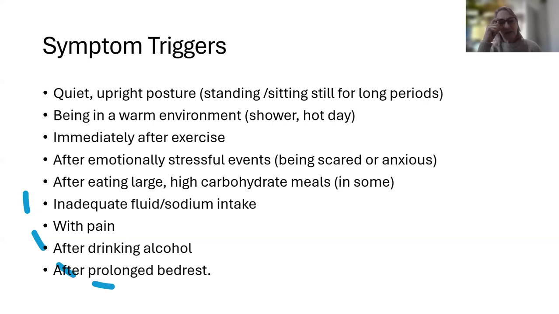Low fluid and sodium intake, pain after drinking alcohol and caffeine as well, actually, because the alcohol is the vasodilator. And both alcohol and caffeine are diuretics, so you're passing out more urine. And after prolonged bed rest, so even first thing in the morning sometimes can be the worst time for some people when they first get up.